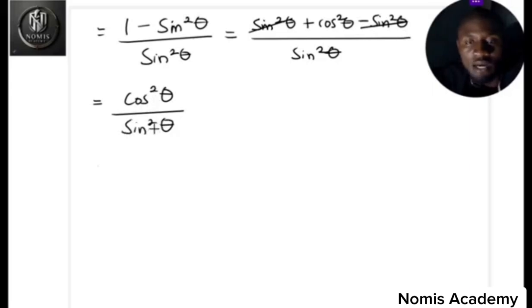Our aim is to make it look like cot squared theta. So what idea is this giving us?